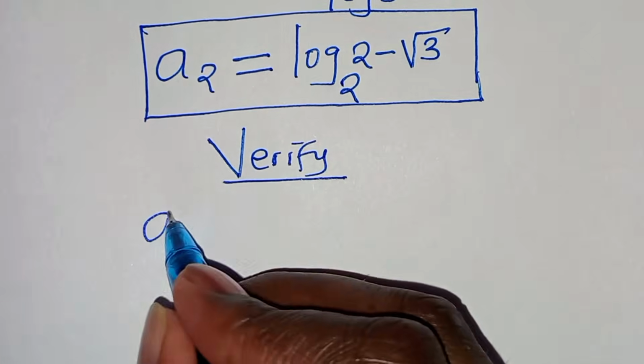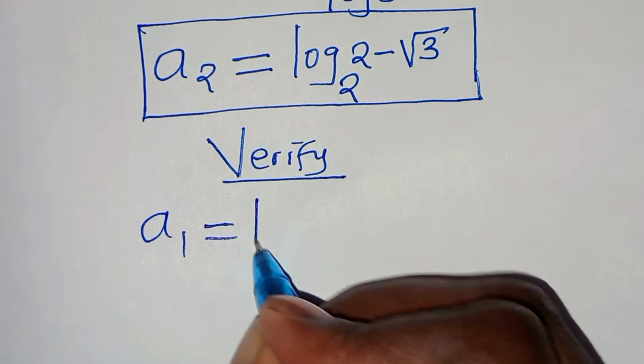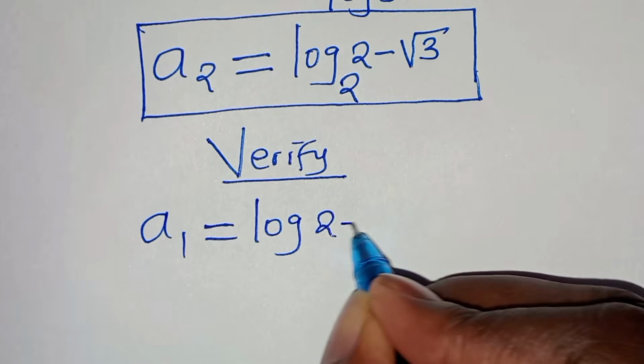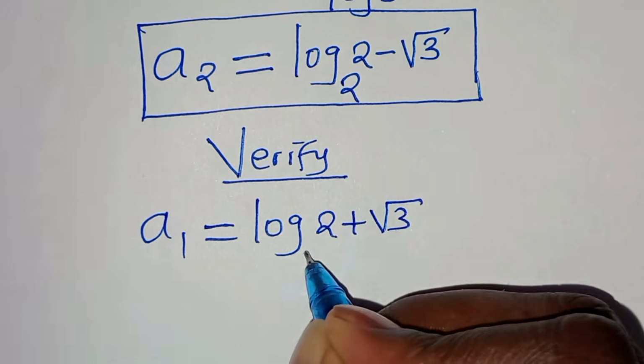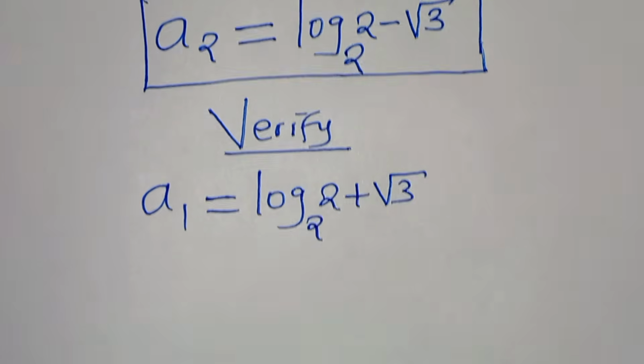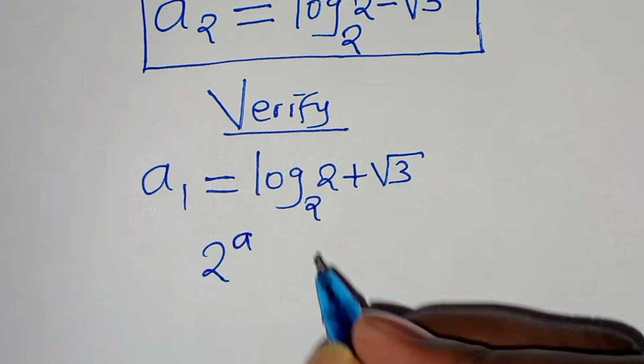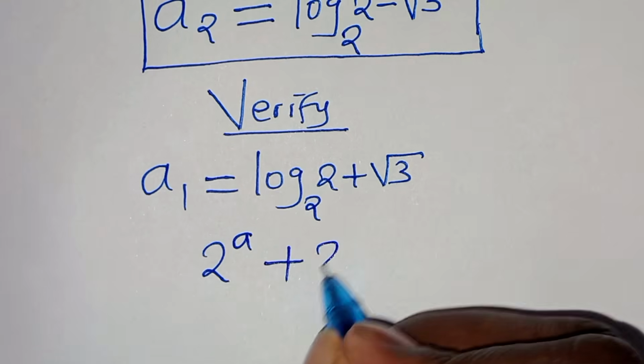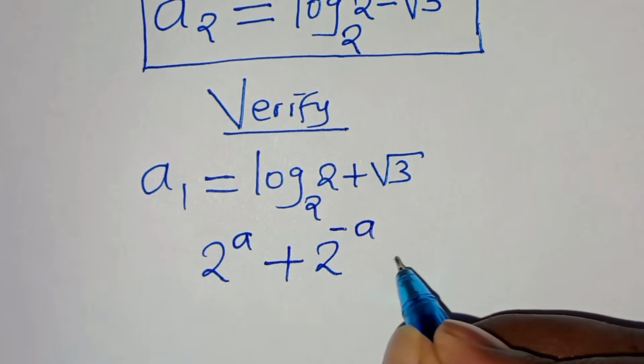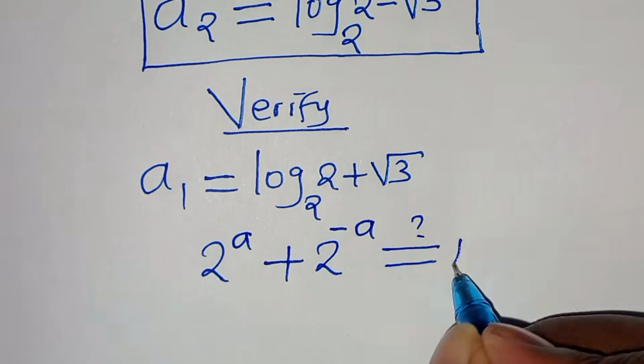So we have A1, this is log of 2 plus square root of 3 to base 2. Now we have 2 to the power of A plus 2 to the power of minus A. This is supposed to give us a value of 4.